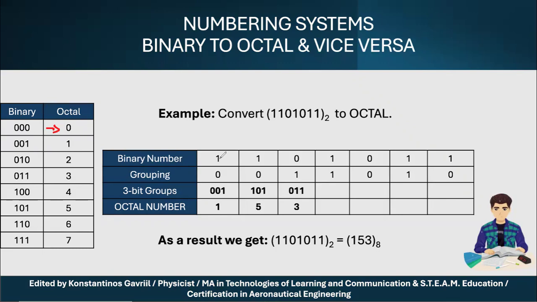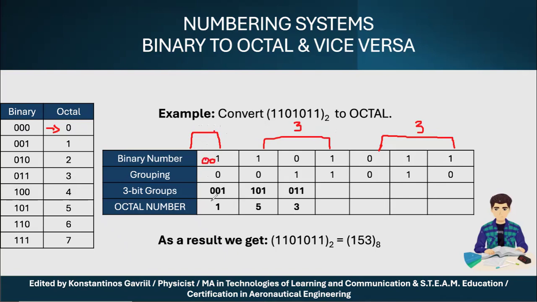So we have the binary number 110101 and 1. We are going to group in 3 digits, but we have here only 1. So, in the 2 empty places that are missing, we are going to use 0, 0.